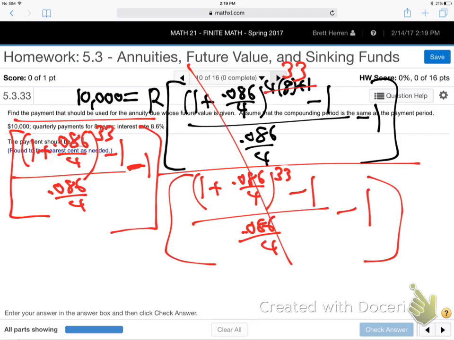Okay, so how do we type that in? Oh, that's a mess, isn't it? It's a big, ugly mess. We good to there?